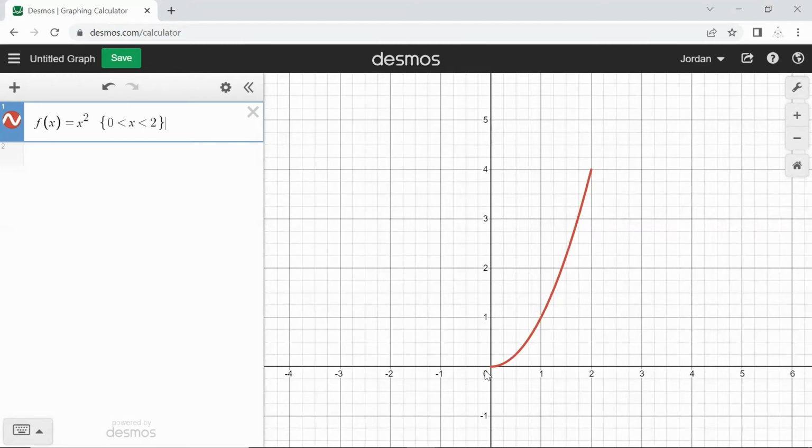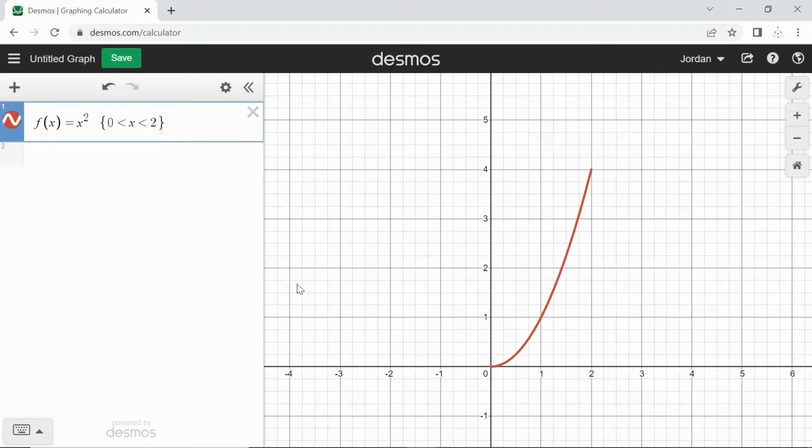In other words, I can't simply plug in x equals 0 and x equals 2 and average those two numbers. What I have to do is figure out what each of these heights of the points are, add them all up, and then divide by the distance. In this case, the distance would be 2 because we go from 2 down to 0.